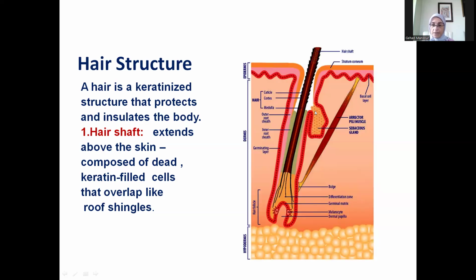This sebum is secreted into the hair follicle, and this helps eruption, not erection, eruption of the hair, meaning that the young hairs can find their way outside the skin, and afterwards it helps the hairs to be soft and pliable. So this is the importance of sebum.